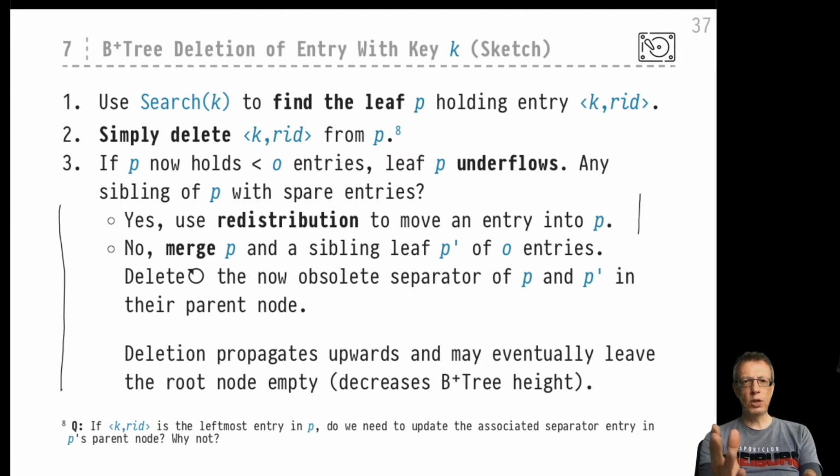It can be garbage collected and removed, and we can establish a new root node. The just merged inner node can be made the new root node, and the height of the B+Tree has decreased. The path length from the root to all other nodes in the B+Tree has decreased by 1, and everything remains balanced. So this would be the case that the height of the B+Tree indeed shrinks.